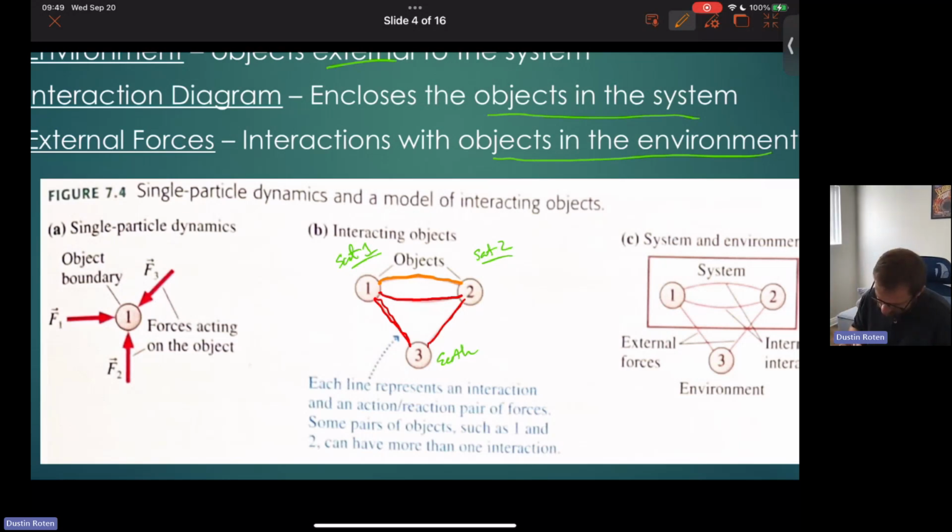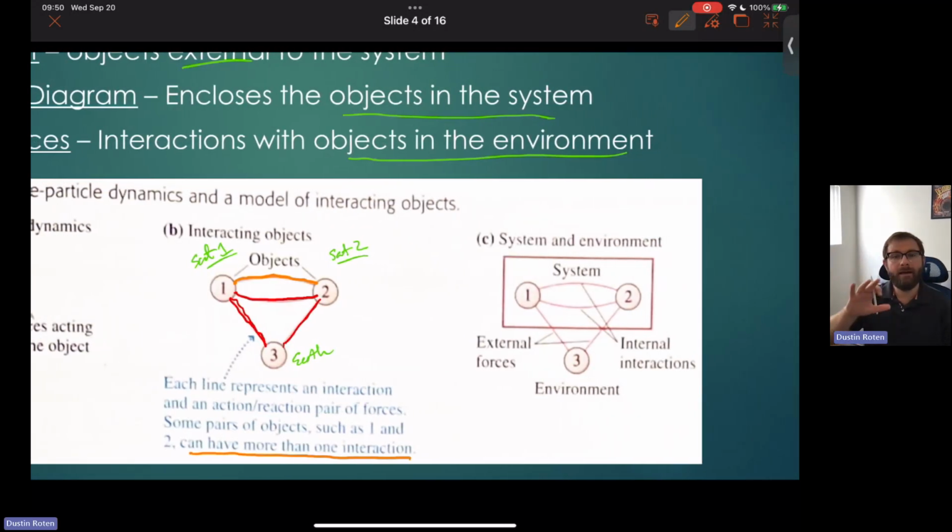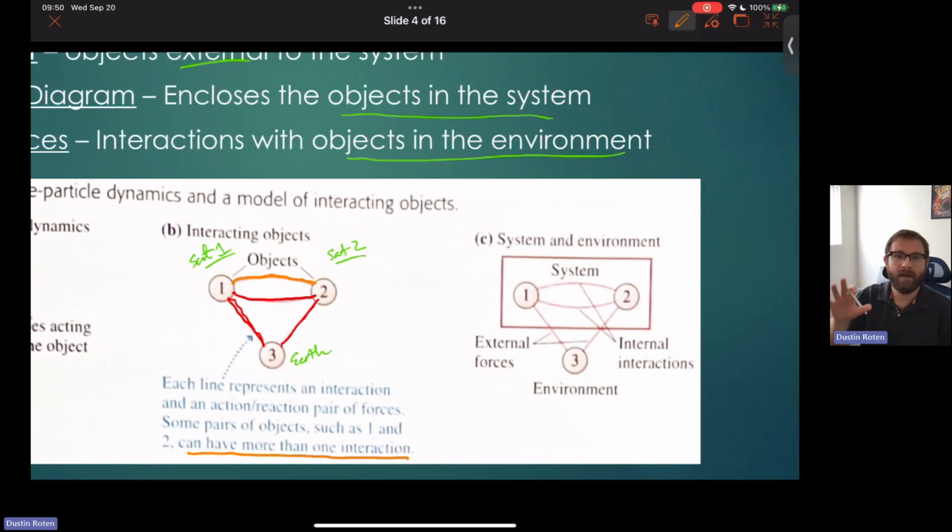It's important to note that some pairs of objects can have more than one interaction, but each line only represents one interaction. You can't double them up. Now that we have our objects identified and all of the things that are causing interactions, we can define our system.